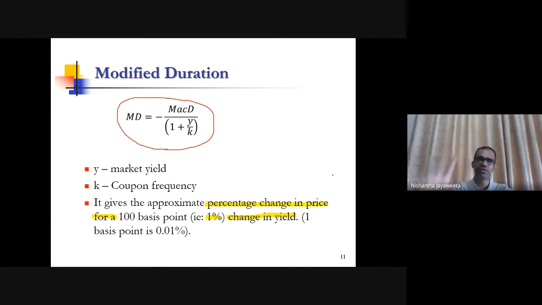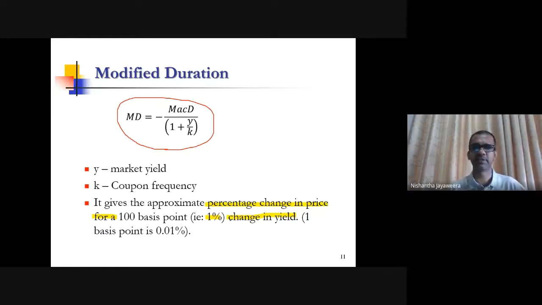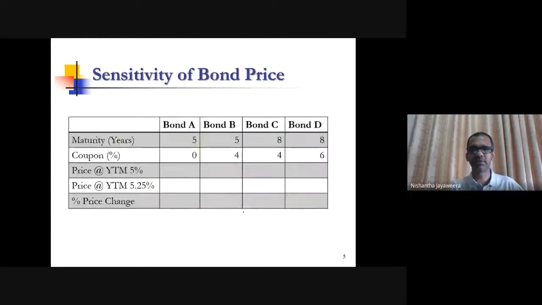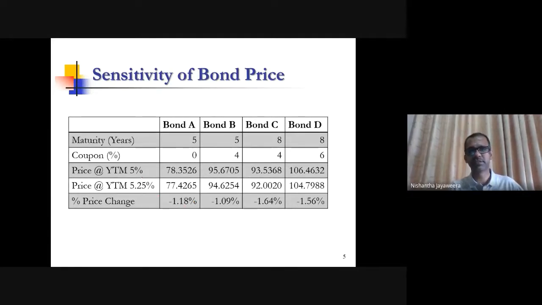Don't worry too much about the Macaulay duration. How do you interpret it? Just remember, when the duration is high, price sensitivity is high. But when it comes to modified duration, we can give a precise interpretation: for a 1% change in yield, what is the percentage change in price? So if we go back to this example, this 1.18% is only for a 0.25% interest rate change.